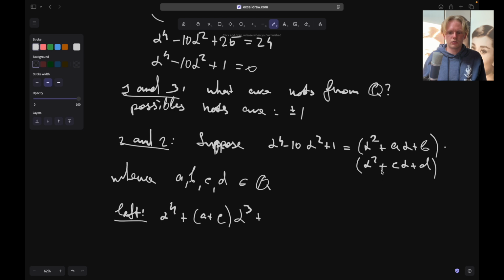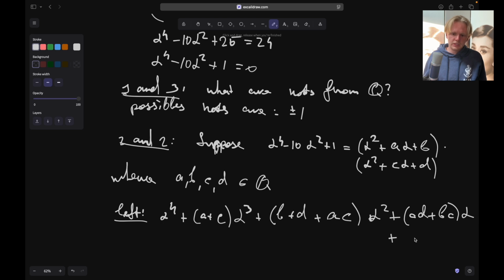Plus, for power 2, it's actually b plus d plus a times c, times x squared. The first power is ad plus bc, and then bd. So you have a system of equations on coefficients.